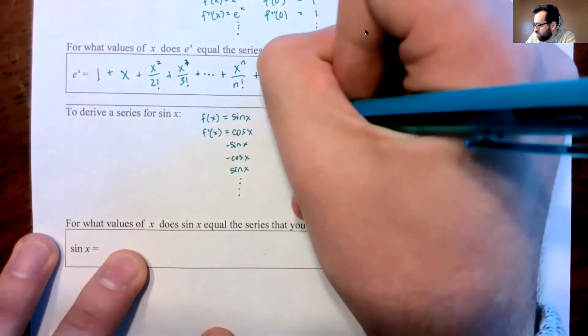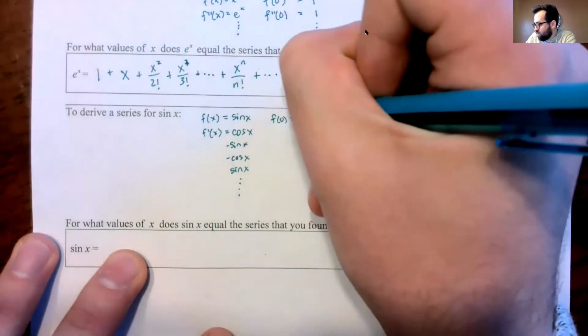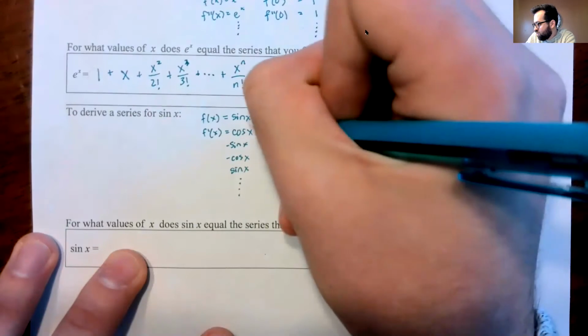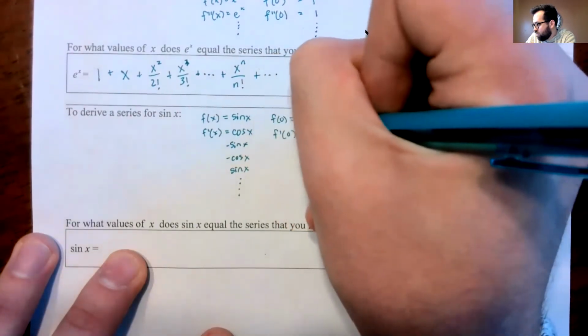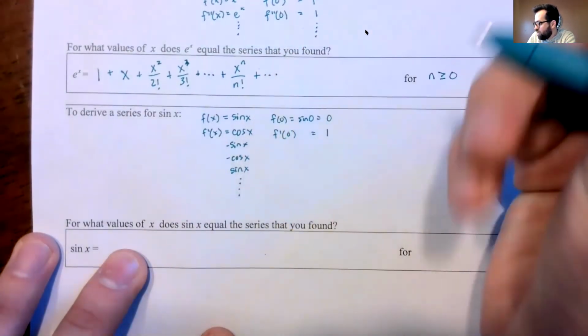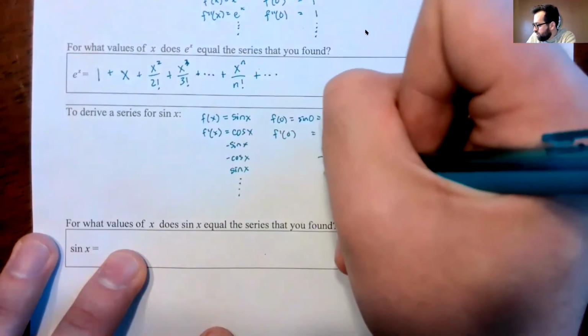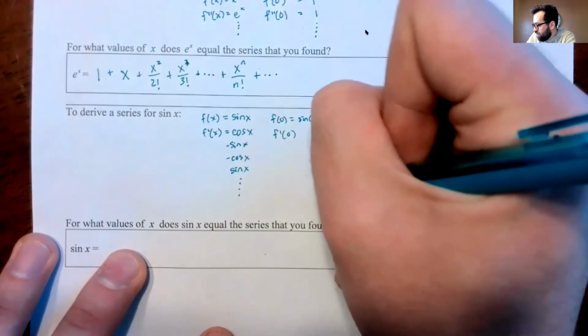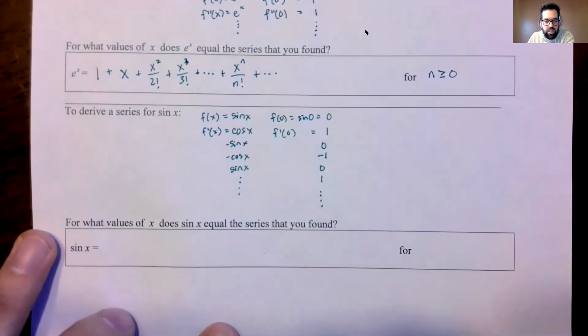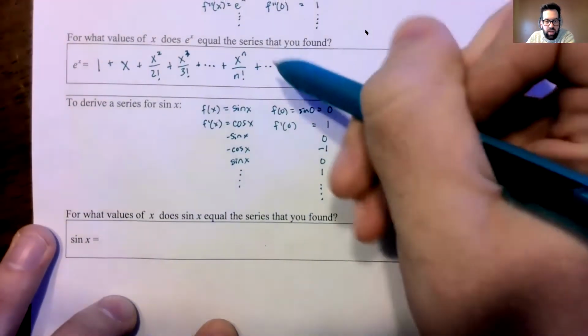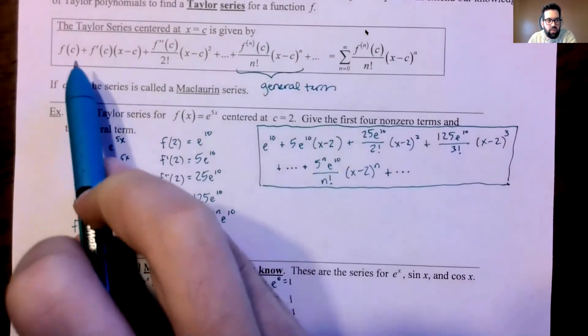So f of 0 is going to be the sine of 0, which is 0. F prime of 0 is going to be 1. And then we end up with what? 0, -1, 0, 1, etc. So that pattern is going to continue. So just thinking about plugging in each of these numbers in this pattern, back into this formula up top.